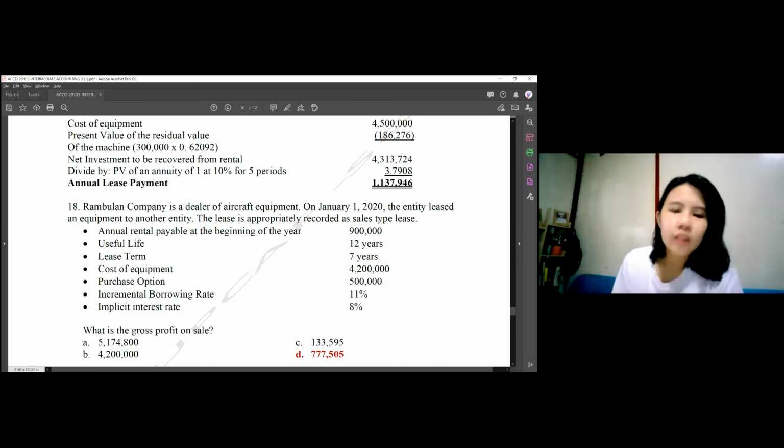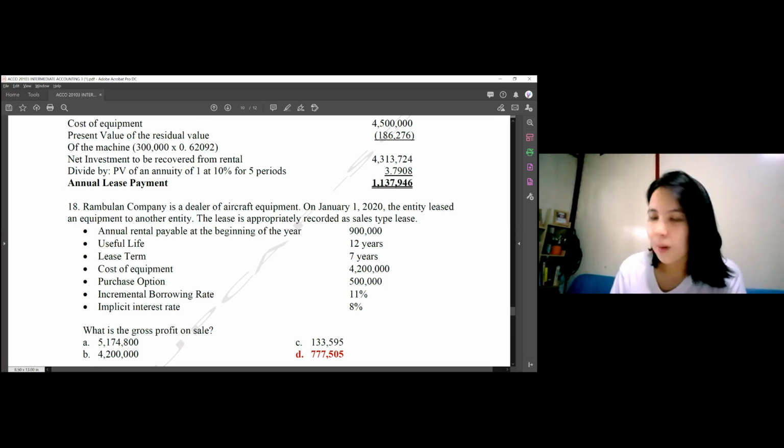Okay, compute natin yung present value ng ordinary annuity at 8%. Yun yung gagamitin natin since yun yung implicit interest rate. So 1.08 raised to the power of negative 7, that is the lease term. So 1 minus the answer divided by the rate again, 0.08.